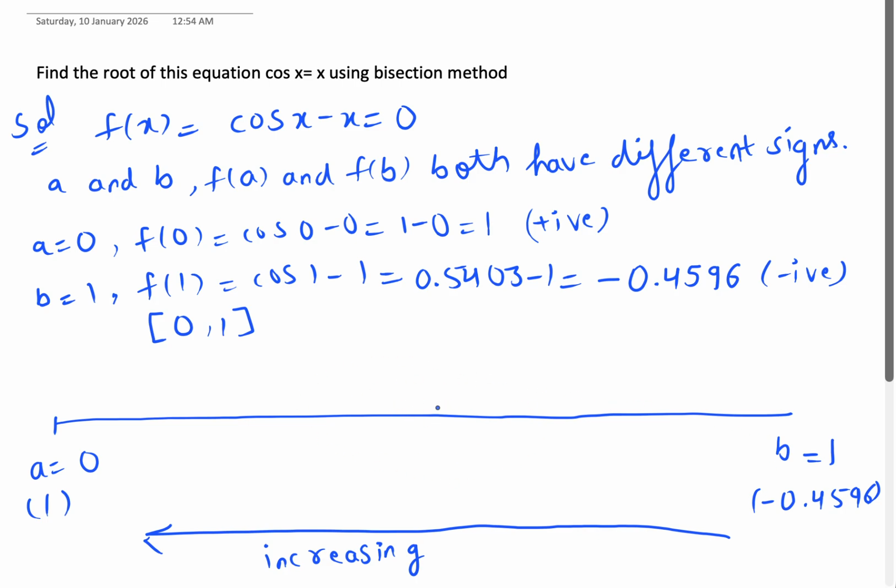So let me try to find out the first approximation root. Let's name it x1. So x1 will be between a and b. For x1, it is (a plus b) upon 2. What was the value of a?